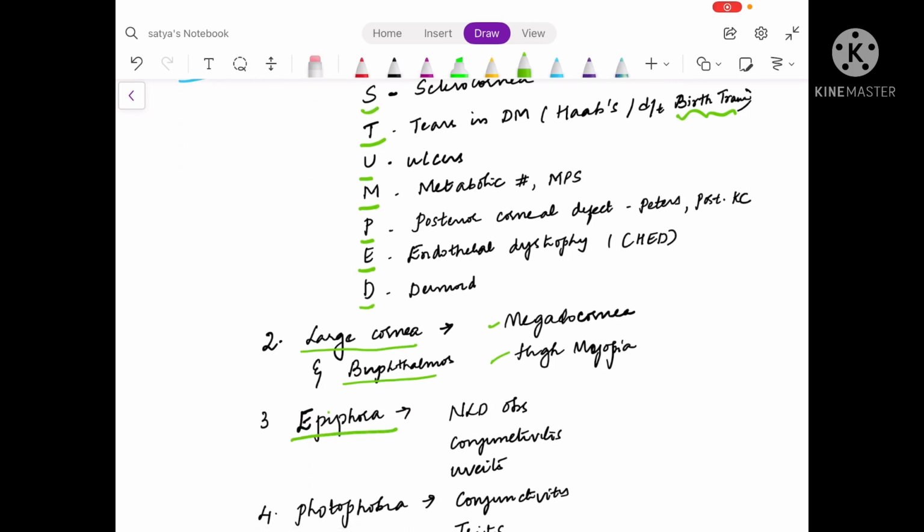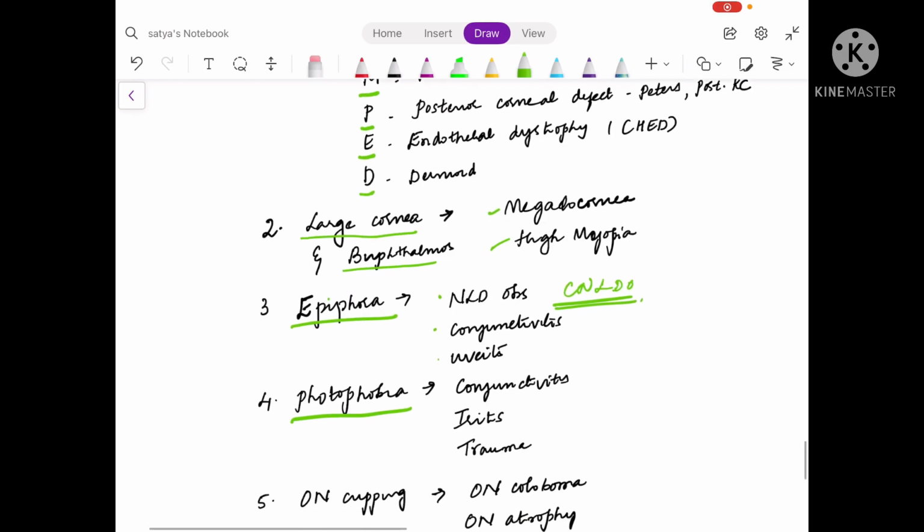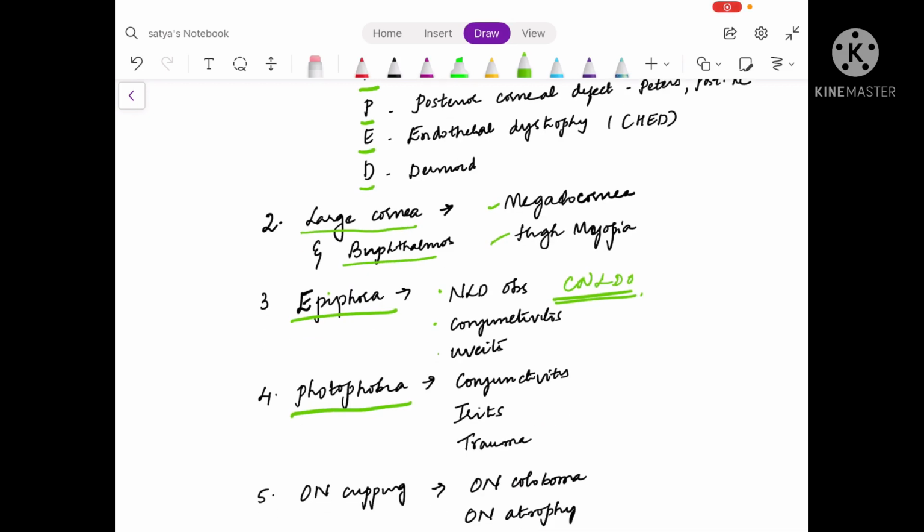And for the epiphora, the DDs are NLD obstruction, congenital nasolacrimal duct obstruction, which is commonly seen in infants. Then conjunctivitis cases also you have epiphora or watering, and uveitis. Now, photophobia. For photophobia, this can occur in conjunctivitis, iritis, trauma and inflammatory conditions.